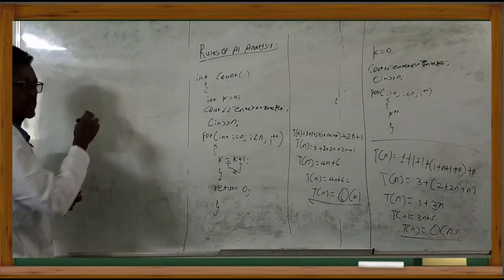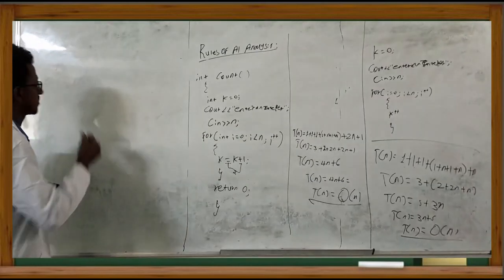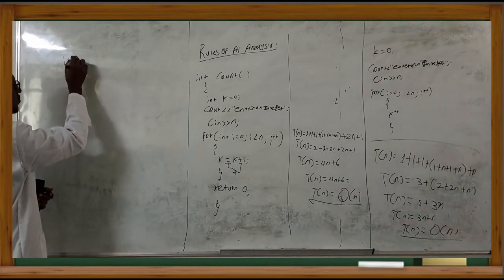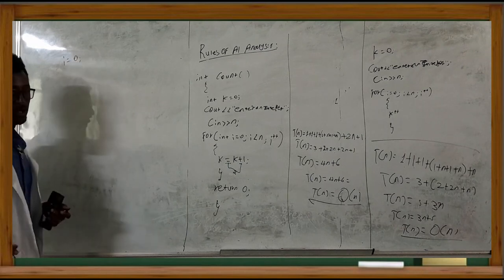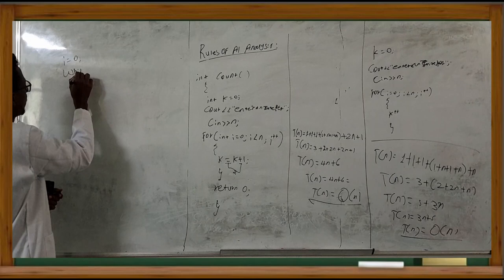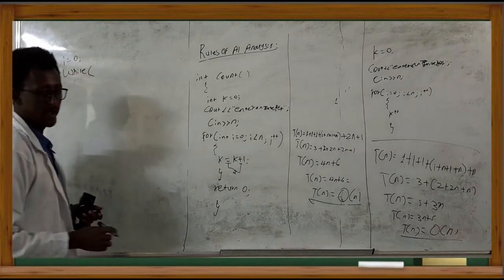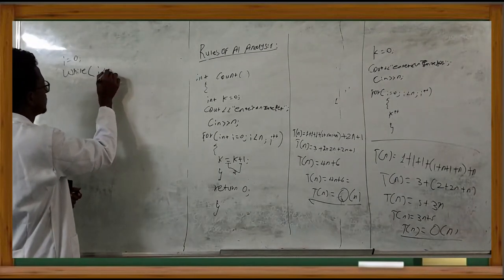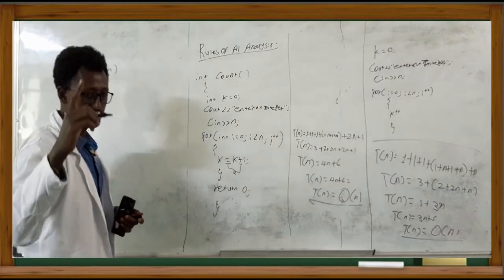So the fragment of code, the algorithm, starts by assigning i is equal to 0. Then a while loop, while i less than n. i starts from 0.